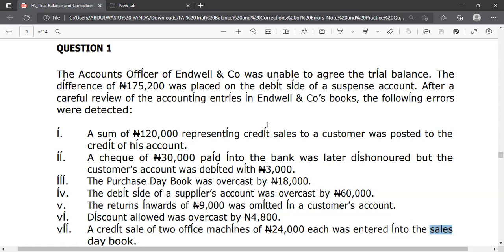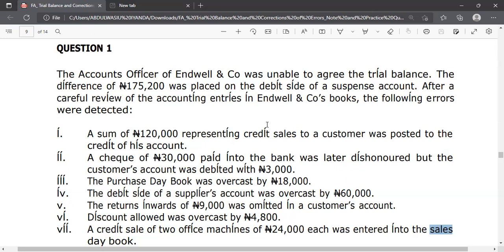Okay, so you can see in this question now, the examiner is already giving you the difference. Now the difference, why the trial balance does not agree, is as a result of 175,200. That's the reason why the trial balance does not agree.